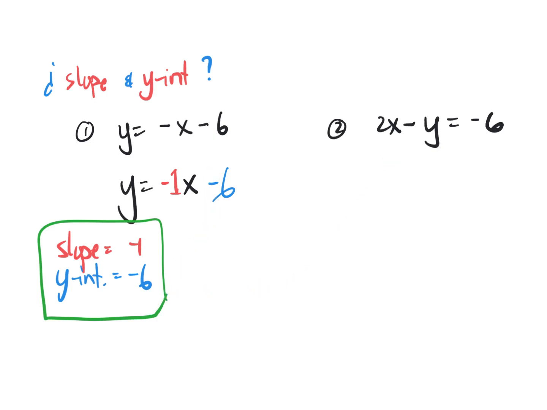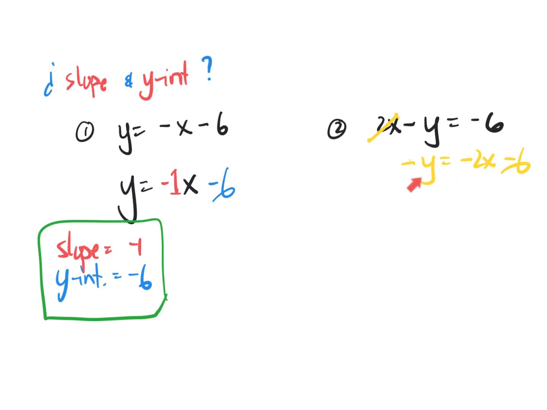And for number 2, we might first subtract 2x from both sides. So when you subtract 2x from the left, it's gone, leaving us just with -y. And when we have -6 minus 2x, we can write it this way. The order doesn't matter.